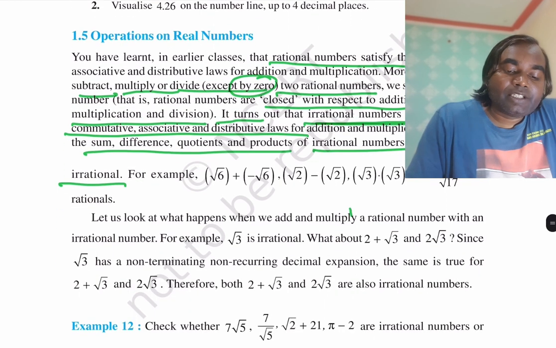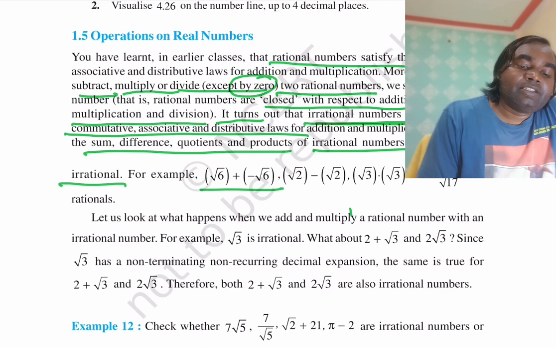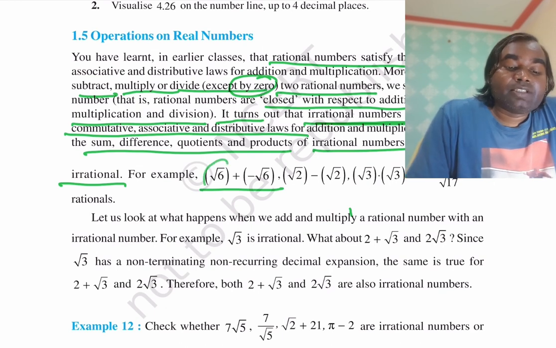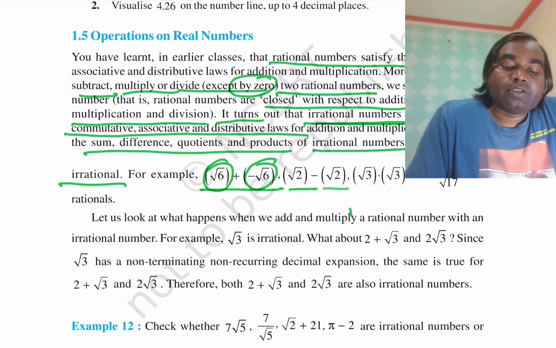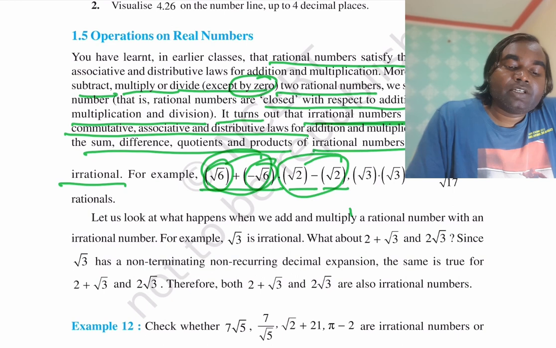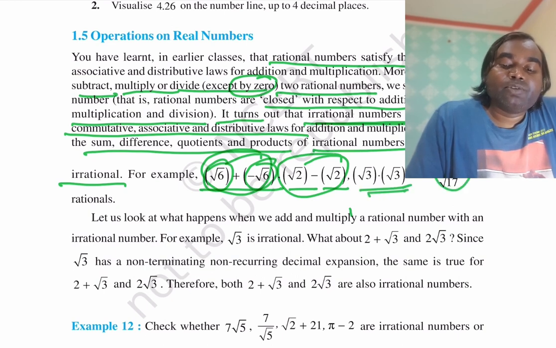For example, if you are adding two irrational numbers like square root 6 and minus square root 6, and square root 2 and minus square root 2, the results are rational, because this will give 0, this will also give 0, this will give 3, and this will give 1.